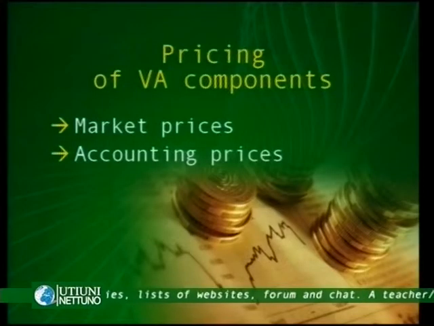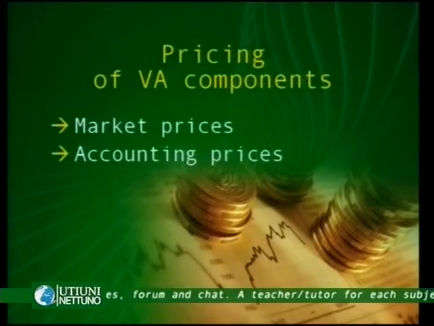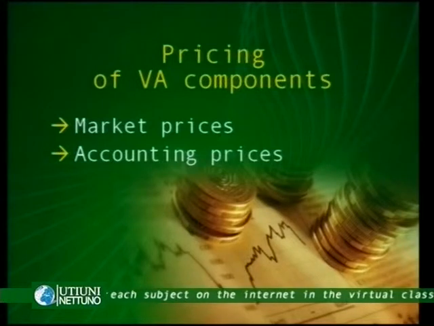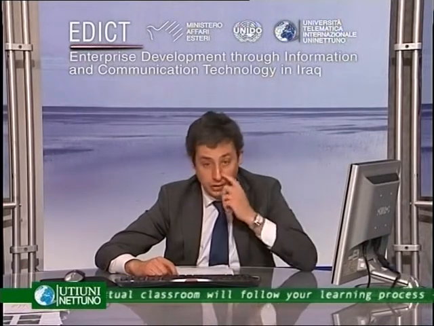So in the pricing of the value-added components, we have two basic choices, as we have understood at this point. The two basic choices are the market prices and the accounting prices, and we know at this point that there can be a difference between market prices and accounting prices. This is because of the effects of market distortion on market prices.